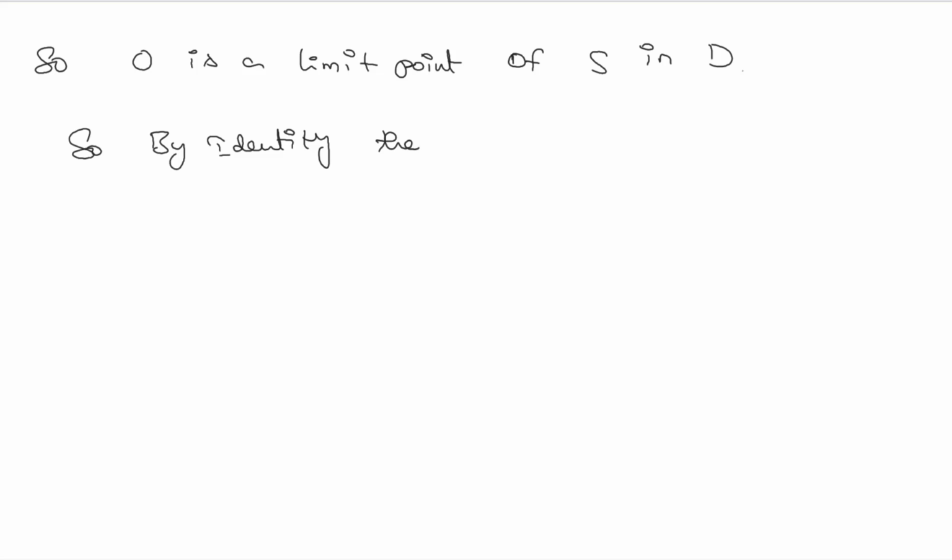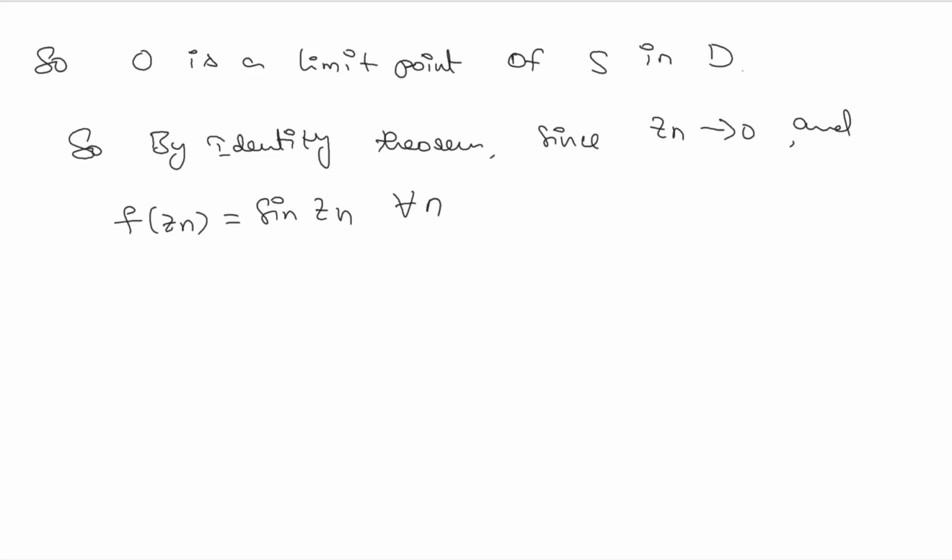So 0 is the limit point of the set S in D. By the identity theorem, since Zn converges to 0 and f(Zn) = sin Zn for all n, we have f(z) = sin z for all z in the disk D(0,1).